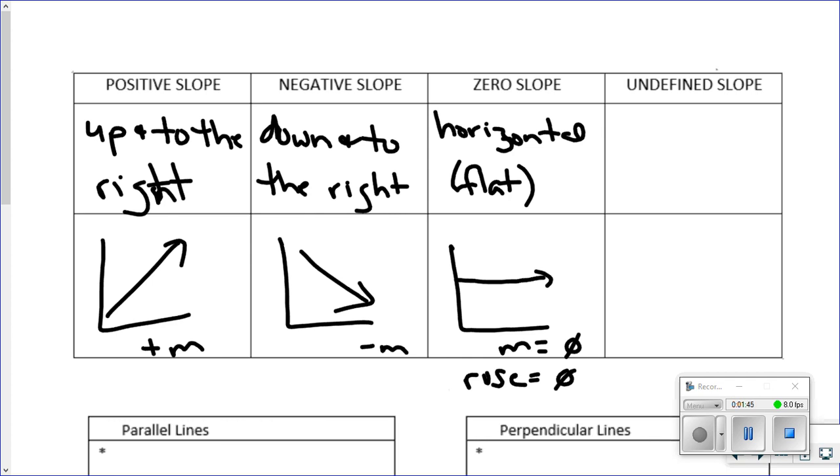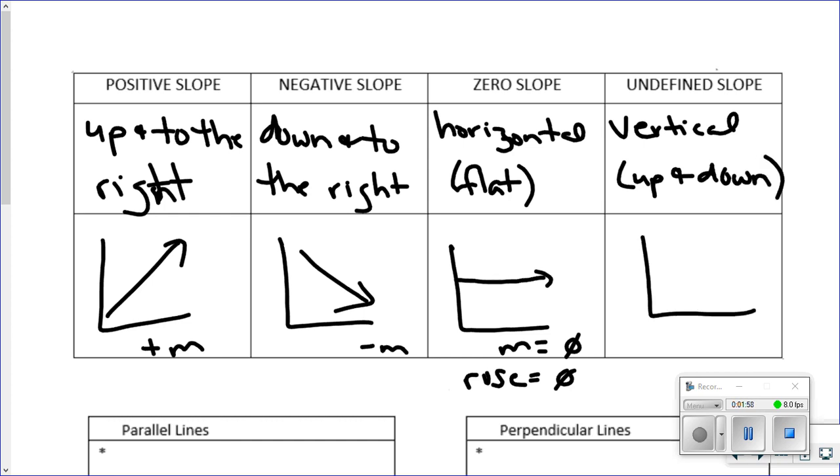The last option is vertical. Vertical, or uppy and downy. Okay, and m is broken here.